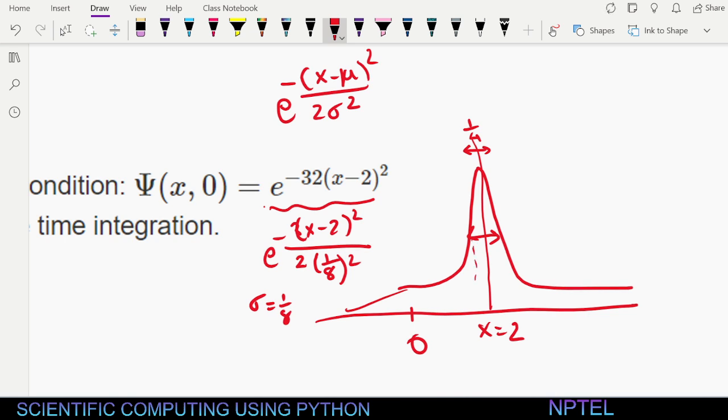Okay, so it's a very sharp peak at 2, and this peak is going to move forward with speed 1.5. Okay, so after 1 second it's going to be at 3.5. This is 3.5. This is going to be t is equal to 1. This was when t is equal to 0, etc. But we know that we have a periodic boundary condition from minus pi to pi.